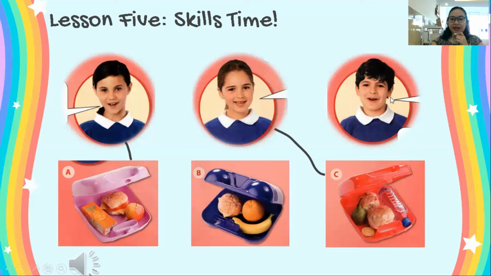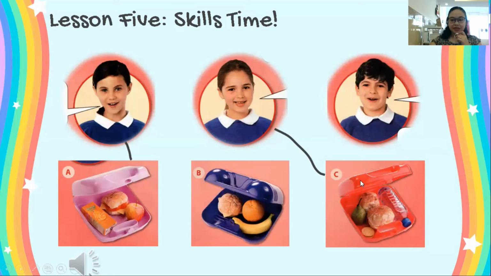Now let's move to picture 3. Where is his lunchbox? Listen to this. In my lunchbox, I have a cheese sandwich and a banana. I have an orange. I don't have a cookie. I don't have a drink today. Where is his lunchbox? Is it lunchbox A, B, or C?